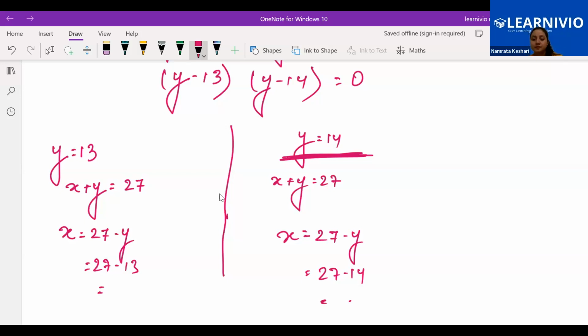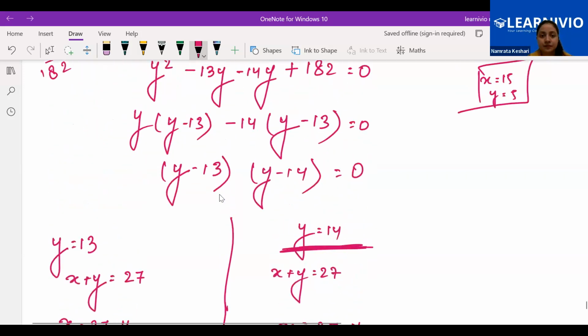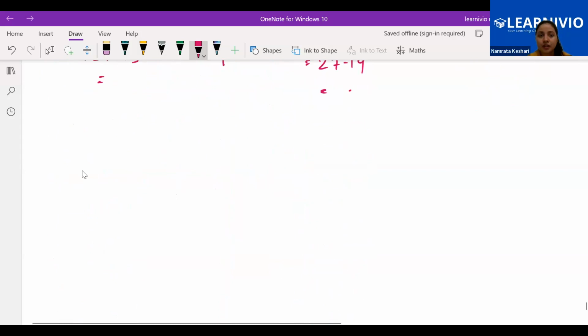Got it? Is it clear? Yes. Now the next one. Everyone understood?